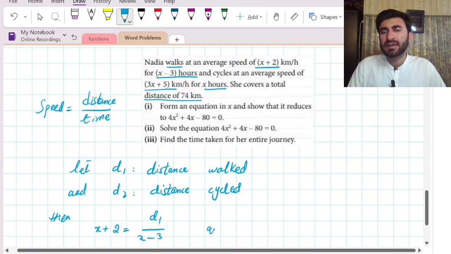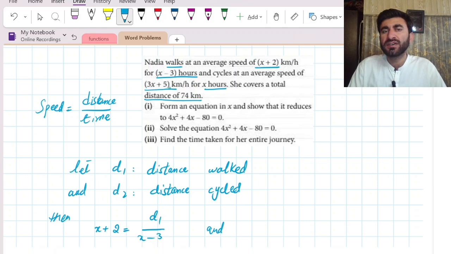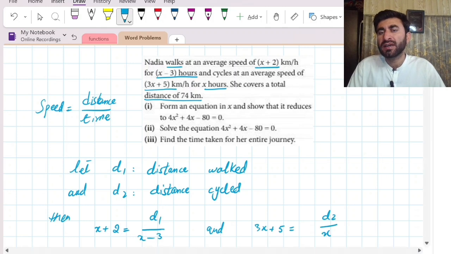And in the second step, it said that she cycles at a speed of 3x plus 5 for x hours. So it should be written as 3x plus 5 equals d2, being the distance cycled, divided by x.